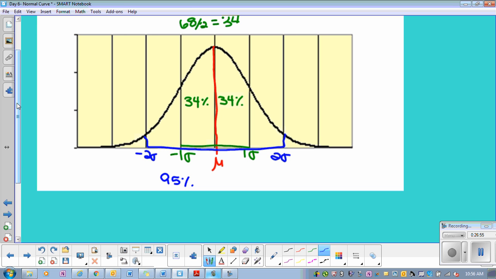That's all 4 bars. But what do you already know? These 2 bars from your 1 standard deviation are what percent? 34 plus 34, which is 68. So subtract that 68 out of there. What do you get?